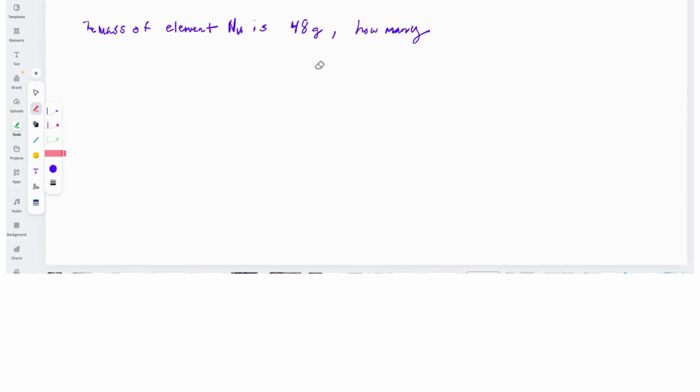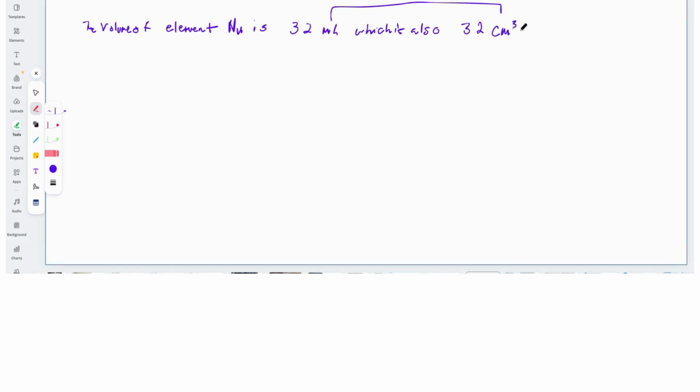I want a more involved question. Say the volume, because I'm going to show you why it's important. So the volume, we'll say it's 32 milliliters, which is also, and this is important, that's why we need to understand that, 32 centimeters cubed, okay? That's the volume of element nu.